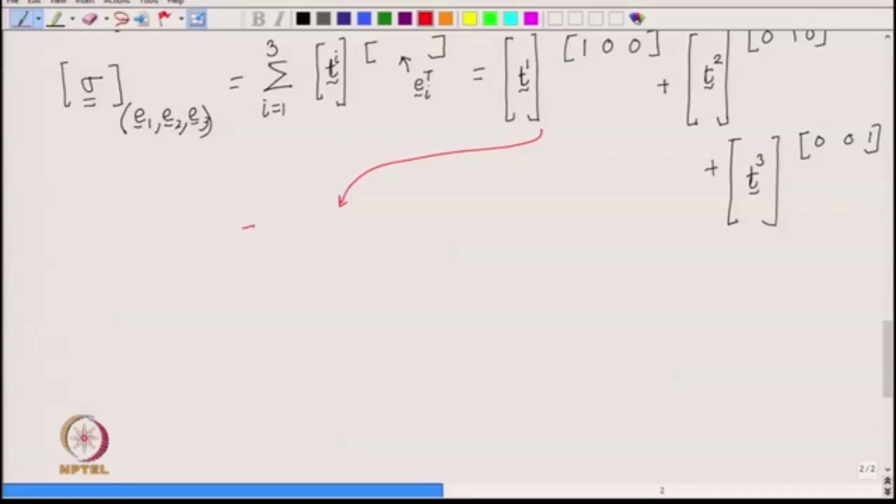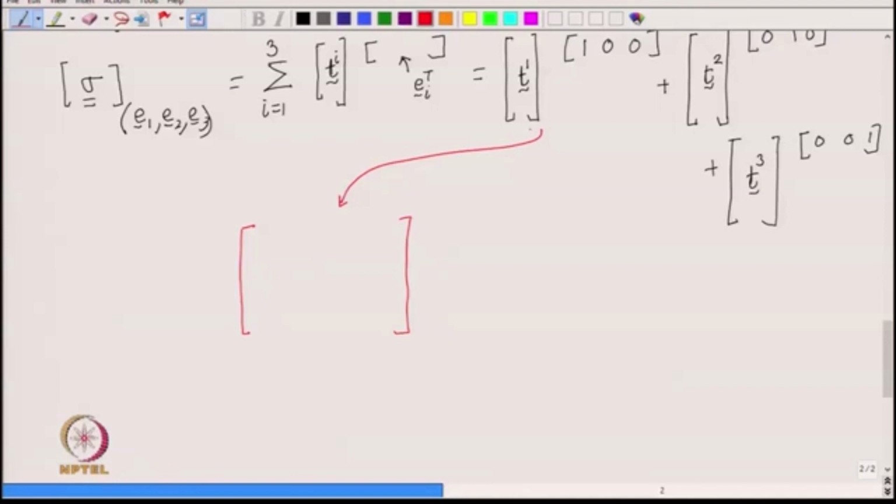So, we get a 3 cross 3 matrix, that is trivial. But when you work out the matrix multiplication, you see that only the first column arises from here, the next 2 columns are actually 0.